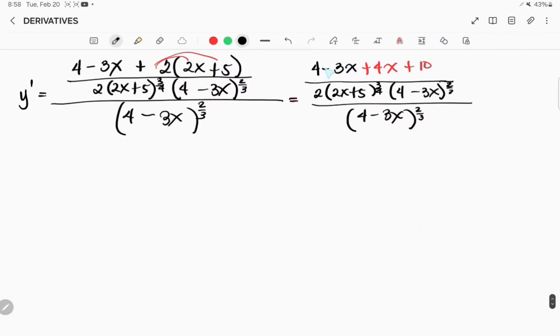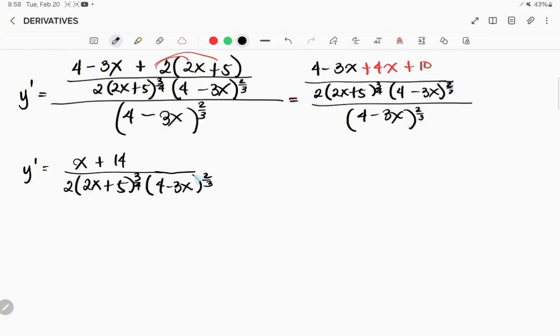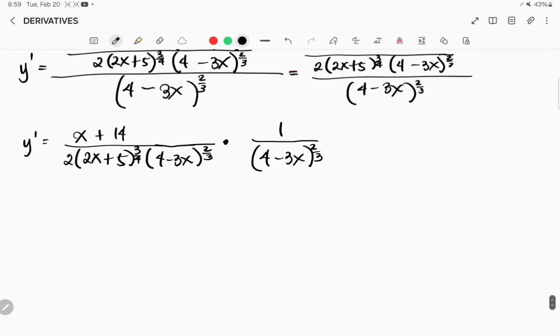We can combine some similar terms here. So y prime is equal to x plus 14 over 2 times 2x plus 5 raised to 3/4 times 4 minus 3x raised to 2/3. And we can already multiply this denominator, its reciprocal, to the whole numerator. So that's 1 over 4 minus 3x raised to 2/3.